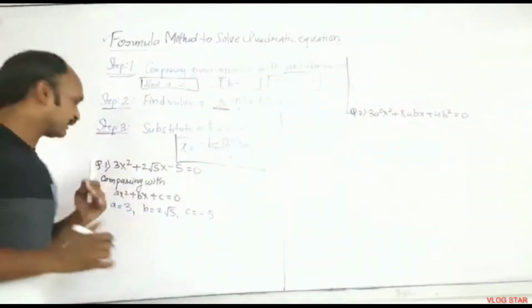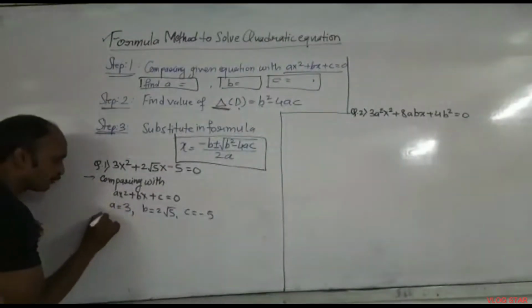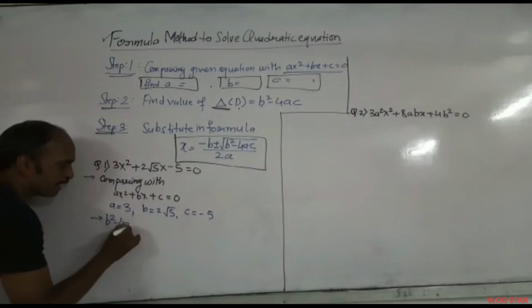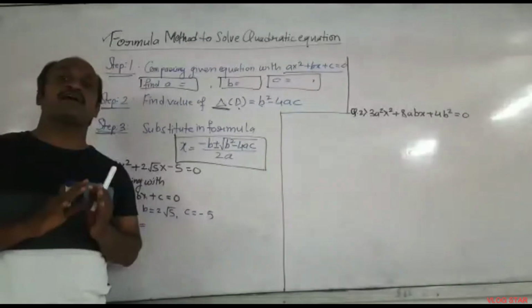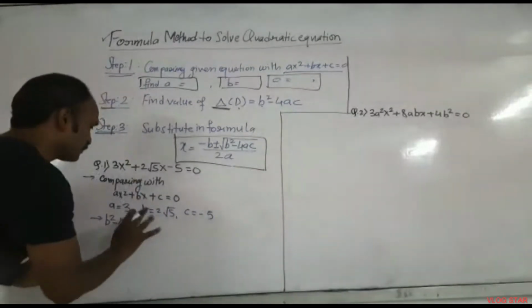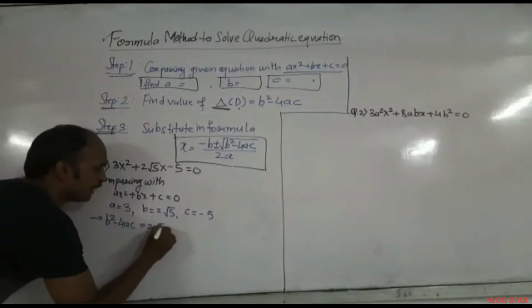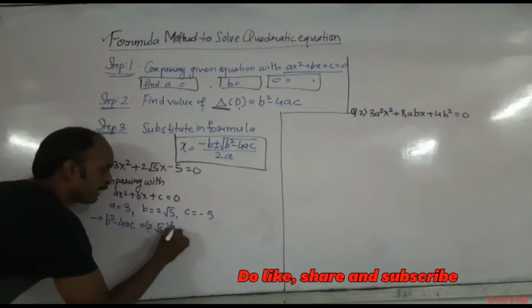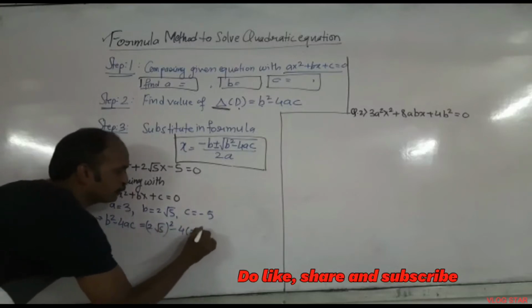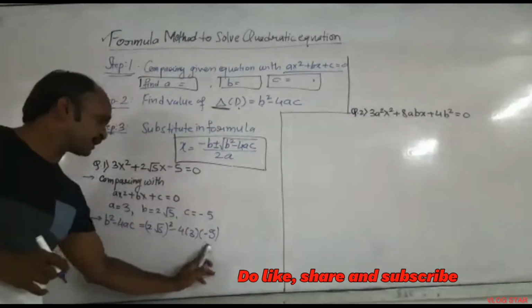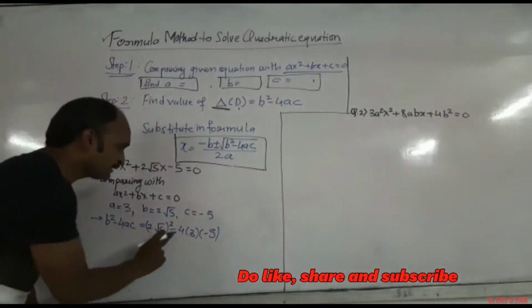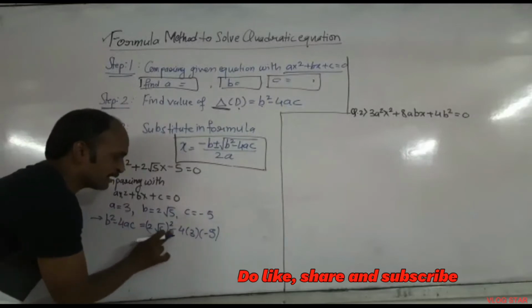Second step is to find out the value of b square minus 4ac. Here you must take care of the negative sign. That means it is b square minus 4 a into c. Many times the mistake everybody makes is in multiplication. So when you are multiplying these two, you have to remember this is minus and this is minus 5.